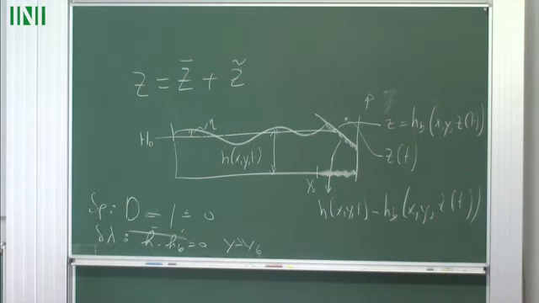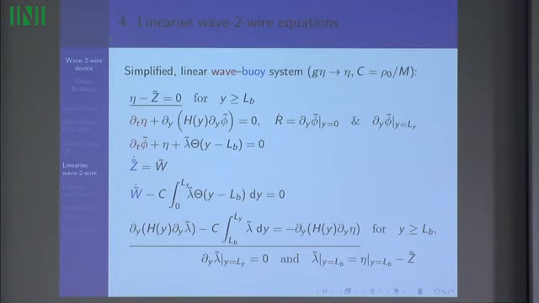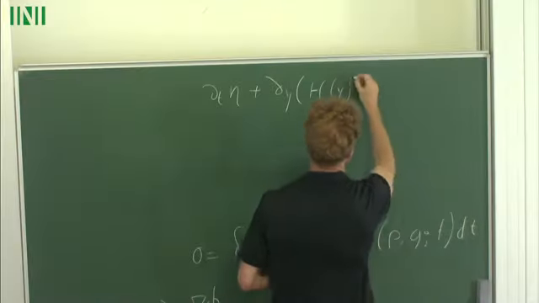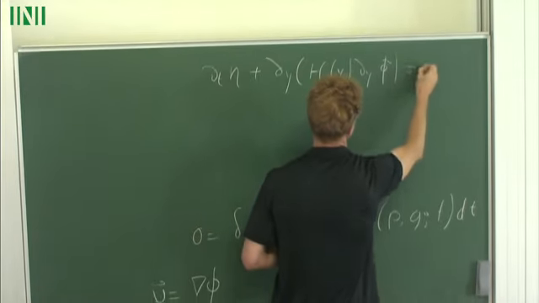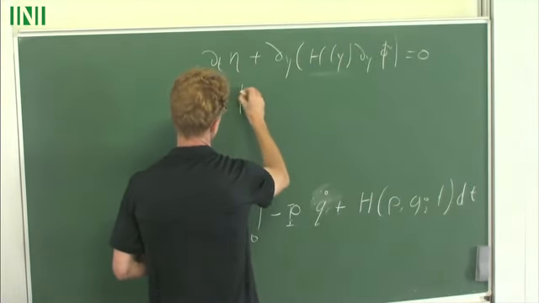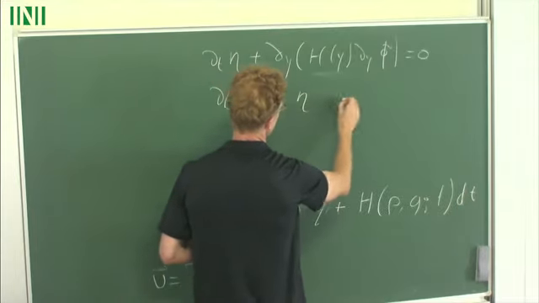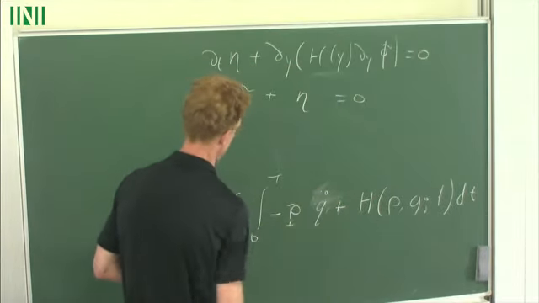Now, look at these equations. If you take lambda tilde is 0, then you recognize these are the wave equations. So d eta dt plus dy h of y, this is a reference background depth, dy phi tilde is 0, and dt phi tilde plus eta is 0, because when I don't have any y tilde.